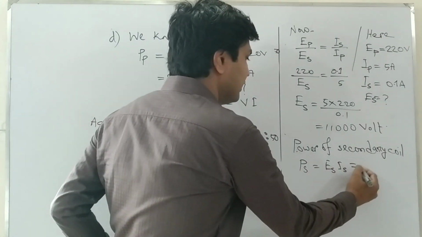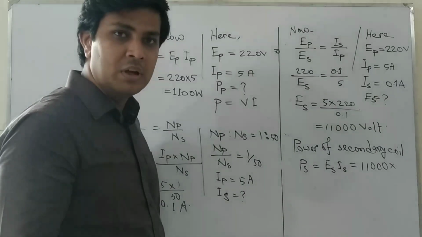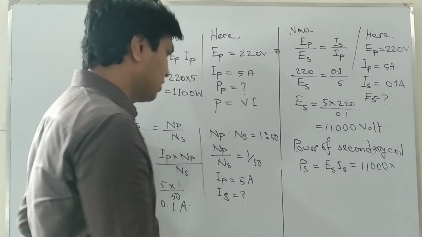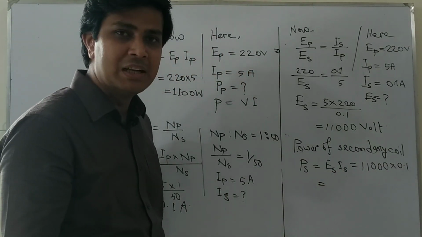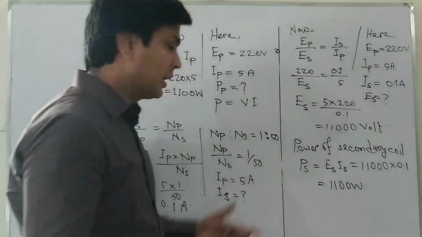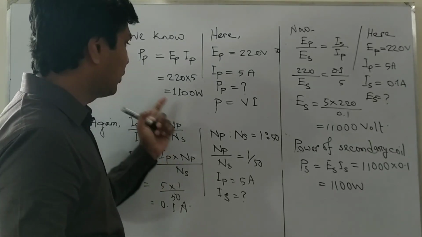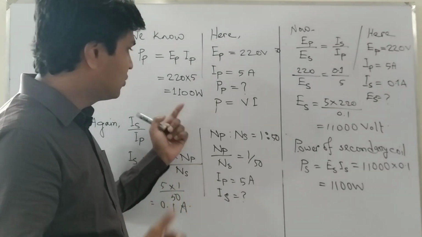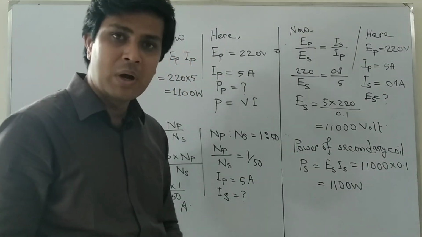Here ES is 11,000 and IS is 0.1. So the power of the secondary coil will be 1100 watt. In the above calculation, we can see the power of the primary coil is 1100 watt and the power of the secondary coil is also 1100 watt.